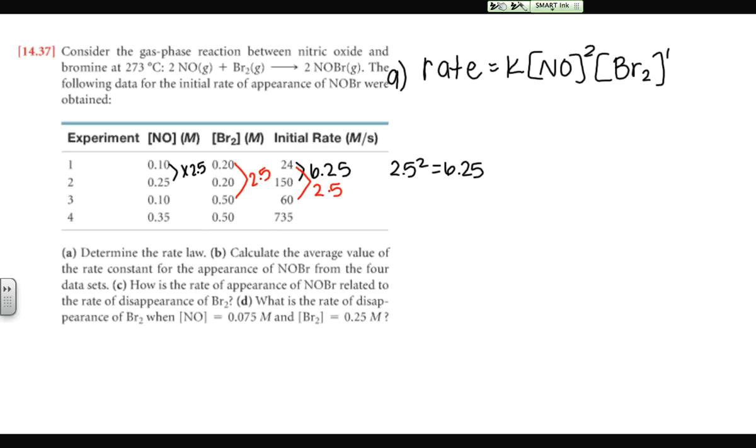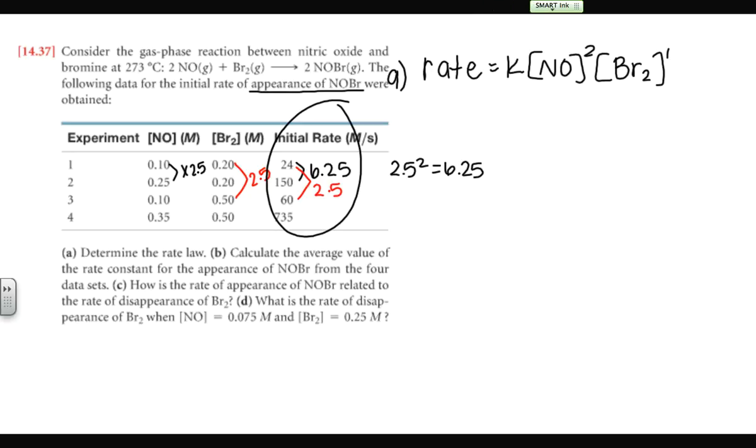Next, it says to calculate the average value of the rate constant for the appearance of NOBr from the 4 data sets. Now, notice the data that we're given here is for the appearance of NOBr. That's important, and I think a lot of us missed that in the directions. It also says to calculate an average, which means that we need to do it more than once.